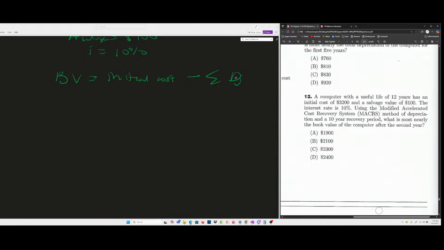So we're looking for the depreciation of 3200, because they ask what the book value is after the second year. So we're looking for the depreciation of 3200 in the first year and the second year. They're asking only for the book value of the computer.